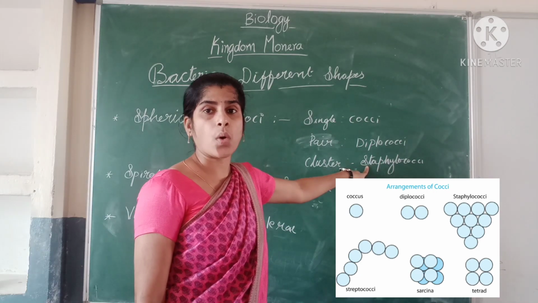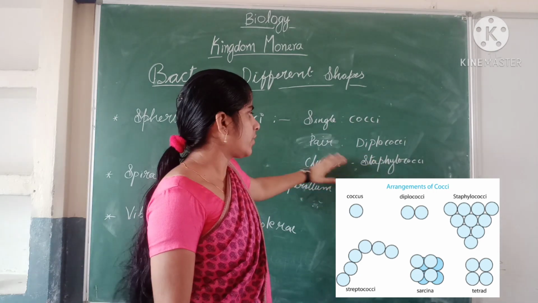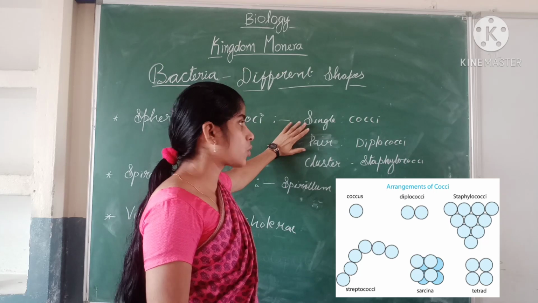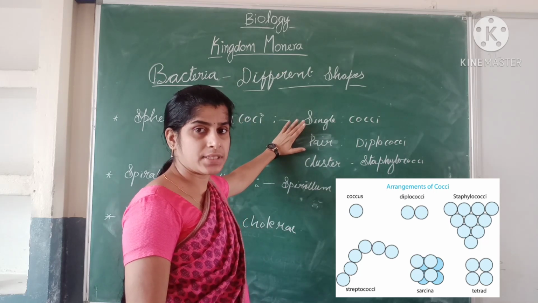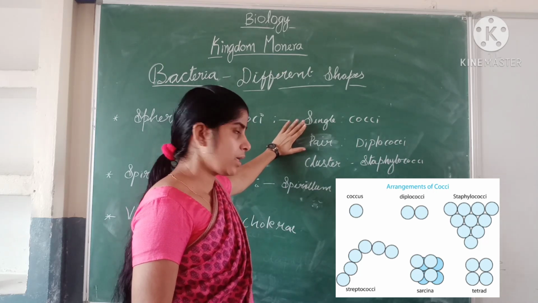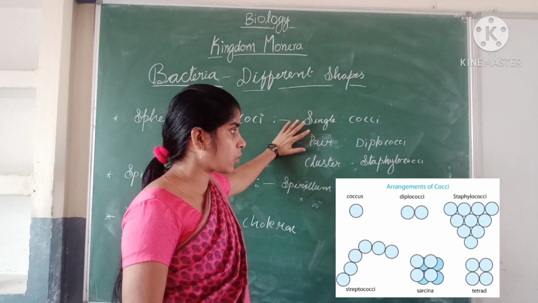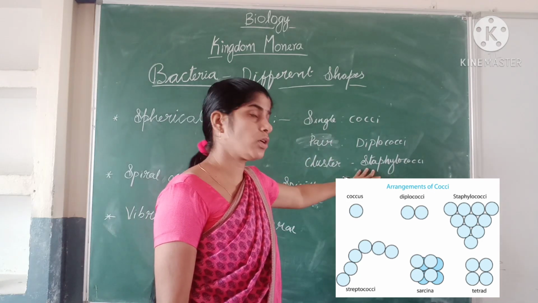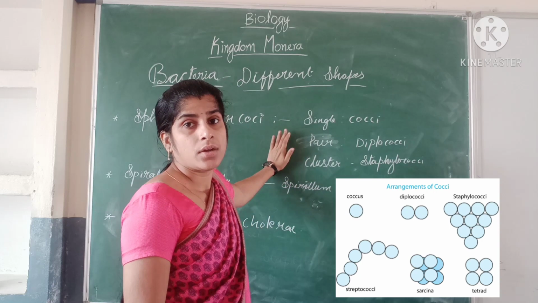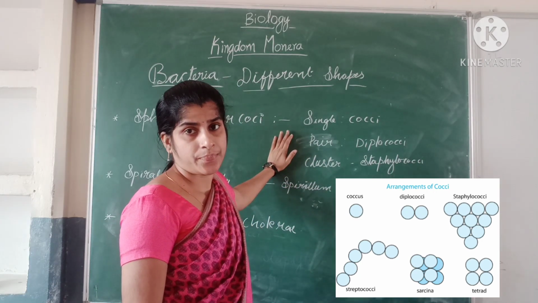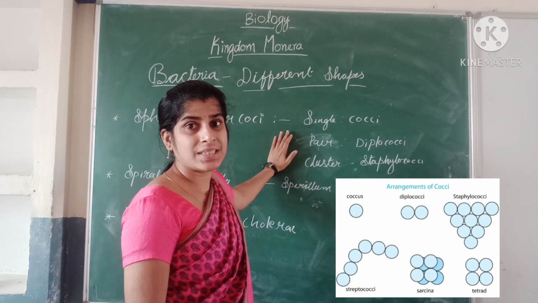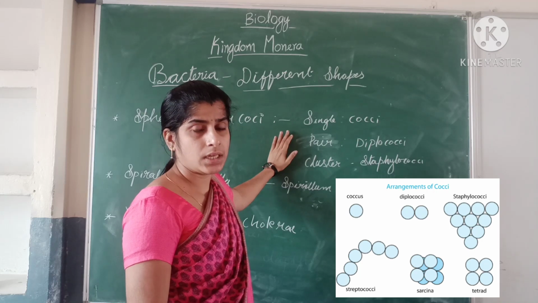So the first stage is coccus, the second stage is diplococcus, and the third stage is staphylococcus. This leads to bacterial pneumonia. It will affect the lungs.